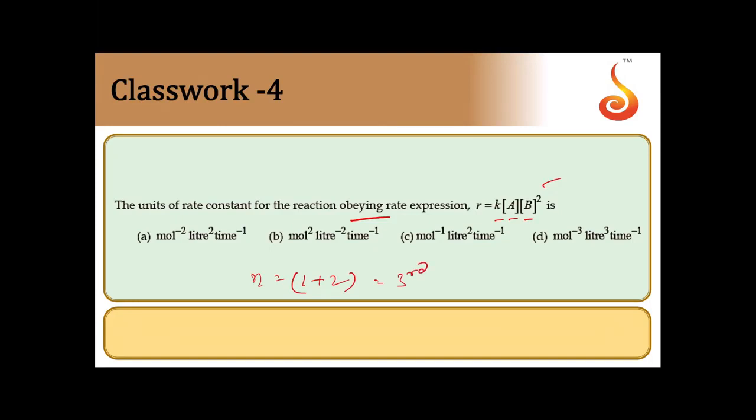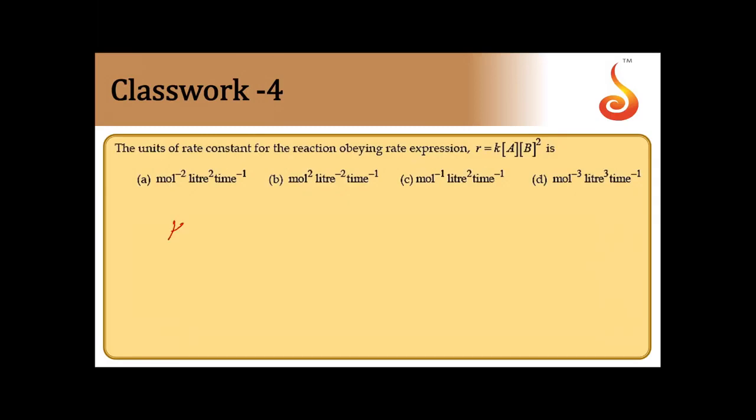Now the units of rate constant k will be equal to molar seconds inverse by molar to the power of n, where n is the order of reaction. In this case the value of n is 3. Therefore the units of k will be M to the power of minus 2 and second to the power of minus 1. Here M stands for mole per liter.